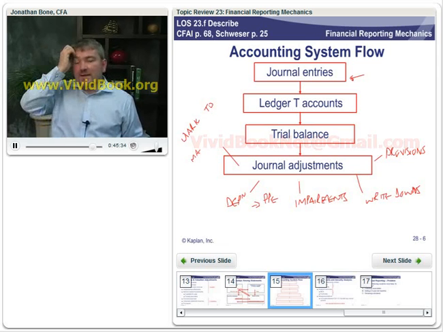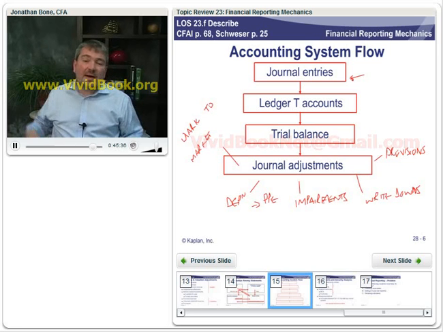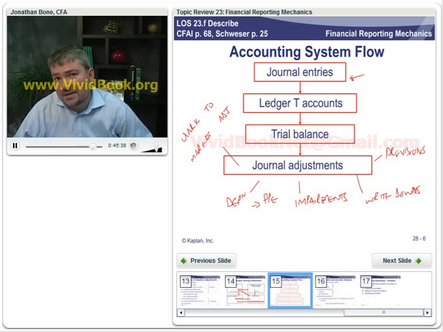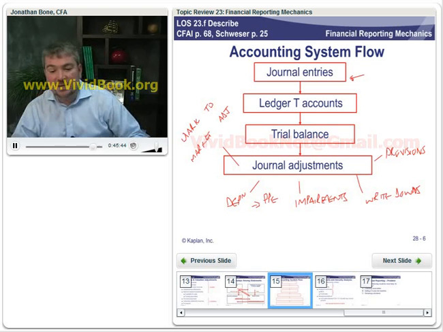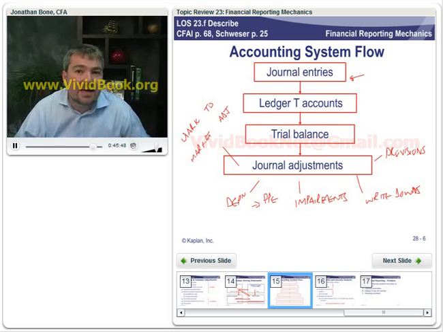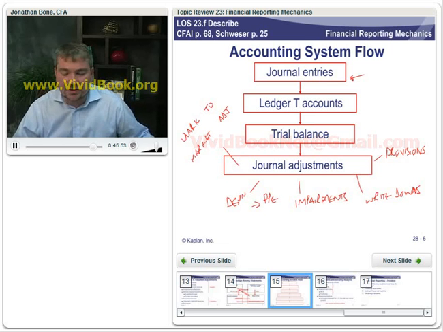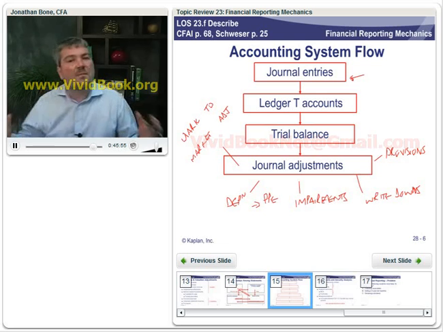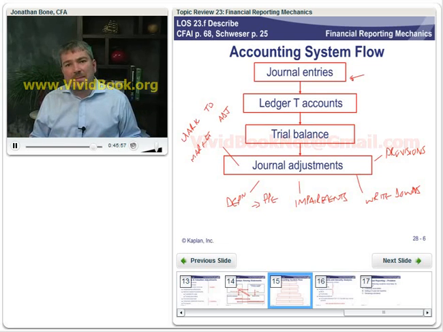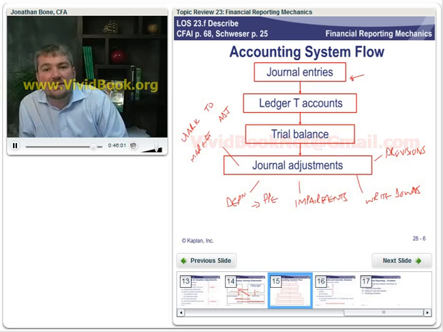Essentially these journal adjustments are just debits and credits. Again, the total of the debits will equal the total of the credits so that the balance sheet equation still holds. So we make all of our year-end adjustments as a result of the accruals process. Other things will be bad debt provisions. We know some of our accounts receivable won't be collected, so we reduce the accounts receivable. There are far more year-end adjustments than I've put out here, but I just wanted to give you a flavour of what kind of things are happening.